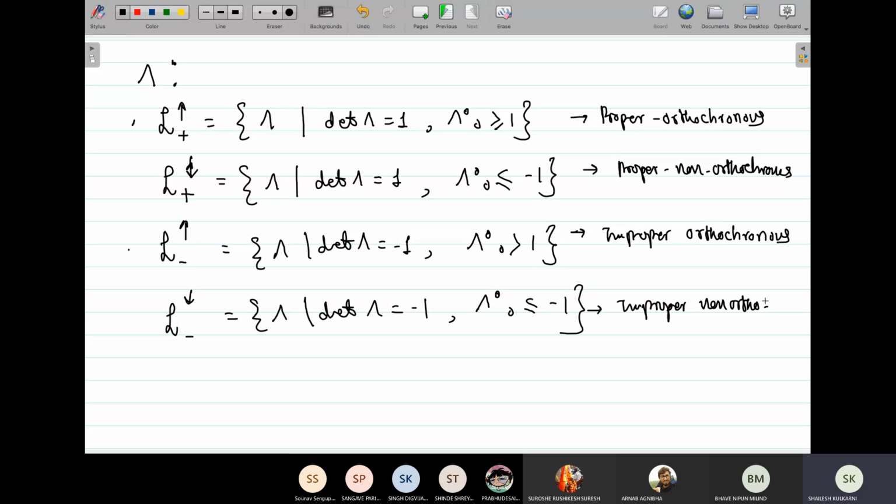Now one can show, and we'll do this in the latter part of this course or in the next semester, but you will certainly do this in your MMP2 group theory part, that the set of all Lorentz transformations forms a group. This L plus up is a subgroup.